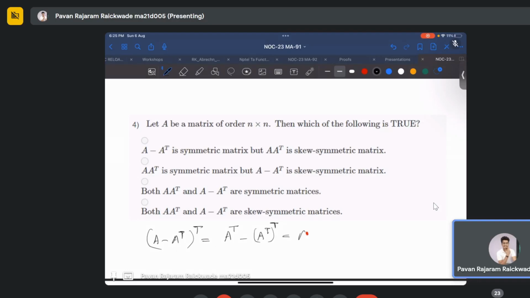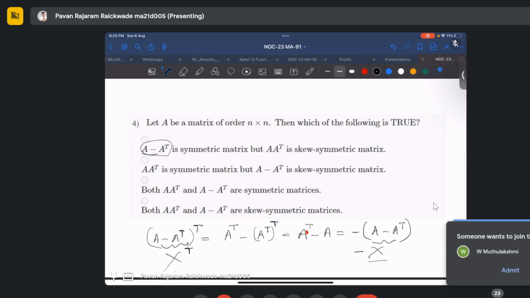That will be the same as A transpose minus A, but this is minus of A minus A transpose. So I started with a matrix, I will call this X, and I get a new matrix as minus X. X transpose is minus X. So A minus A transpose is not symmetric. This is the wrong option.